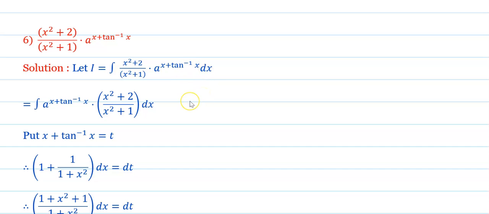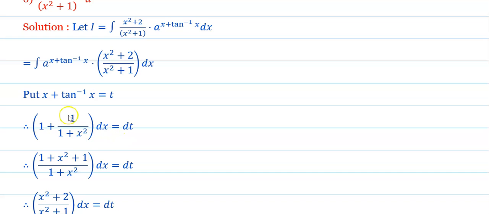Okay. Now the next is a raised to x plus tan inverse of x into x square plus 2 upon x square plus 1 into dx. तर इथे लगेच substitution x plus tan inverse of x equals to t, and hence its derivative.